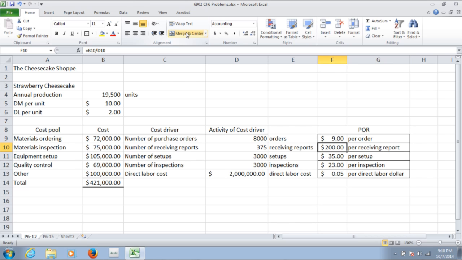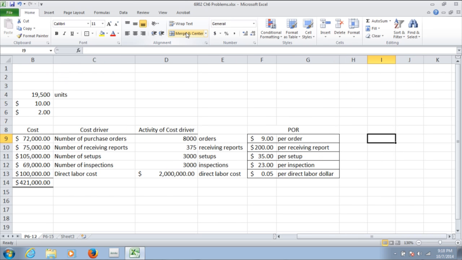Now in Excel we can only multiply by the dollar amount, but what has to be implied is how much we're going to actually be multiplying this by. So in the case of strawberry cheesecake, we would introduce the volume of activity, so the activity of the cost driver, and so on.